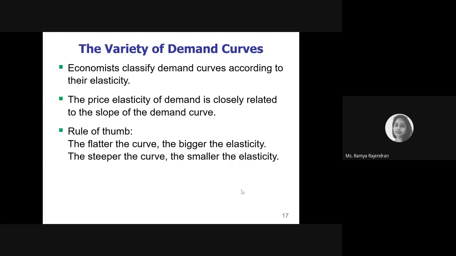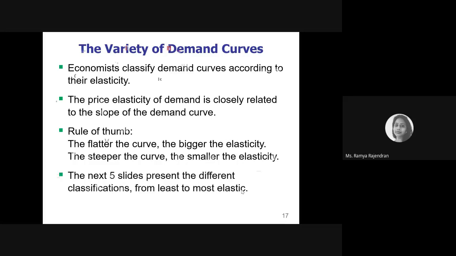The flatter the curve, the bigger the elasticity. And if the curve is very steep, the elasticity gets to zero. We'll be seeing about five different examples of how the shape of the curve affects the elasticity of demand.